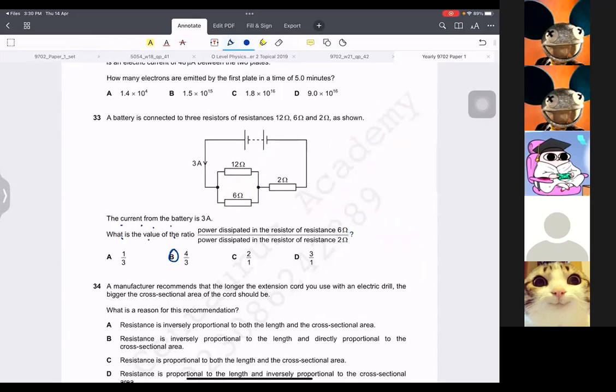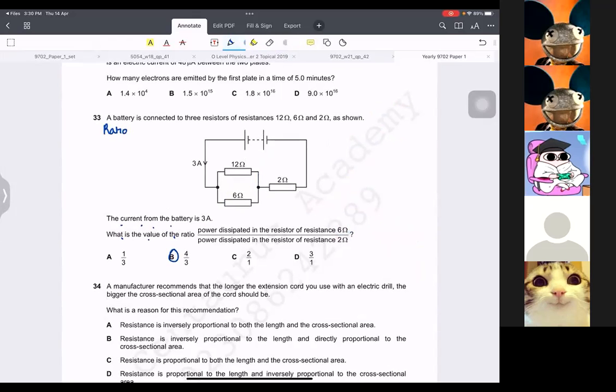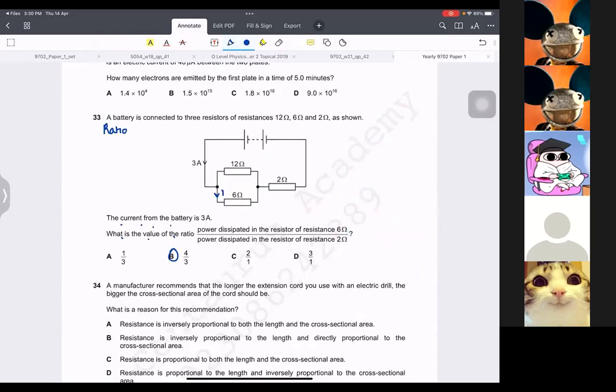Anyway, first I will do the ratio method. Suppose you want to find current. Let's call the current in this I1 and this I2. So the 3 ampere is going to split, right? Also, I know that resistance is inversely proportional to current.